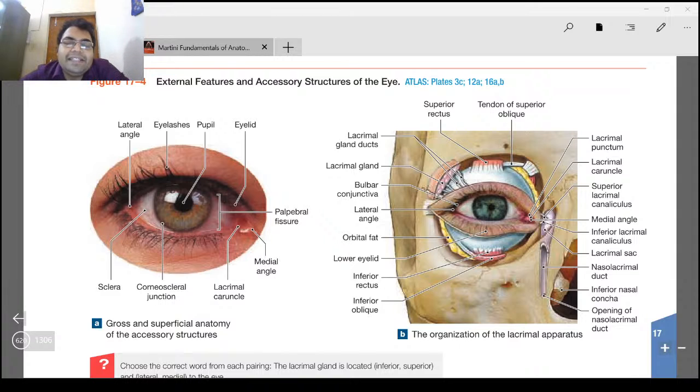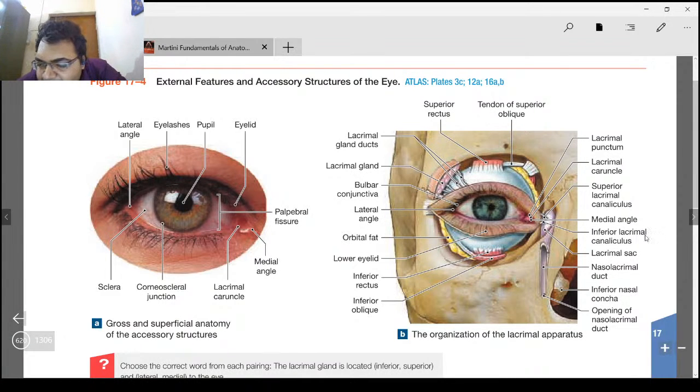Now, deep to the skin, means underneath the skin, there lie specific muscle fibers, which are known as orbicularis oculi. No need to remember the name, I'm just telling it for your information only.